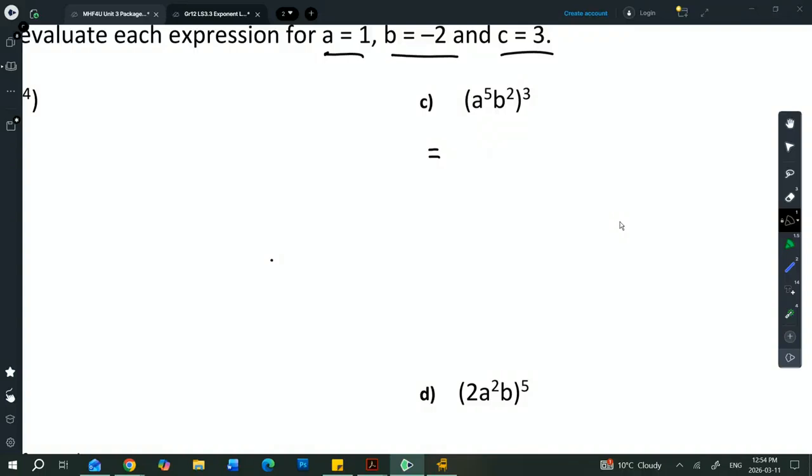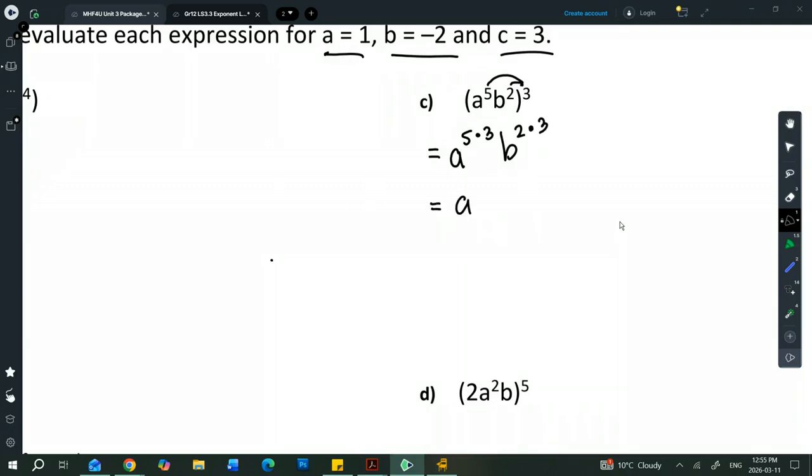Yep. So keep the base, multiply the exponents. So we have to do that with the A and also with the B, so it's gonna be A and then 5 times 3 as the exponent, and then B 2 times 3. Both of them are in the bracket as part of that, right?